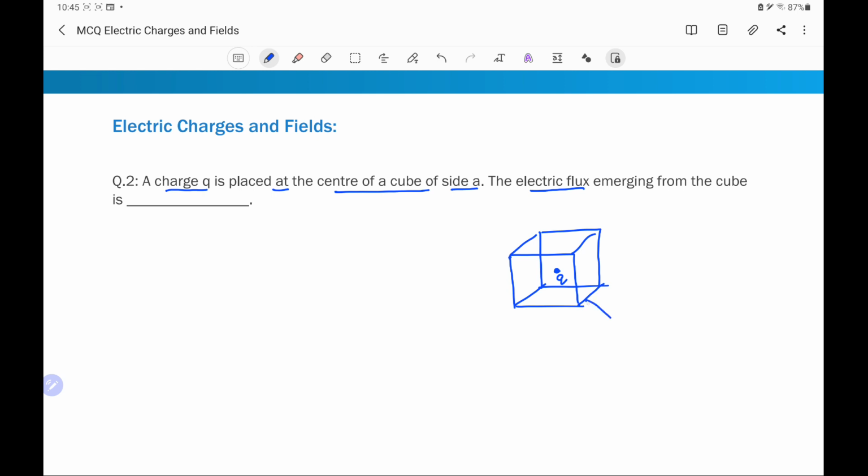So this cube basically acts as the Gaussian surface, and the Gaussian surface encloses the charge q. Therefore, the flux linked with the cubical surface will be 1 by epsilon naught times the charge enclosed, and the charge enclosed is q, so the flux will be q by epsilon naught. This is the answer.